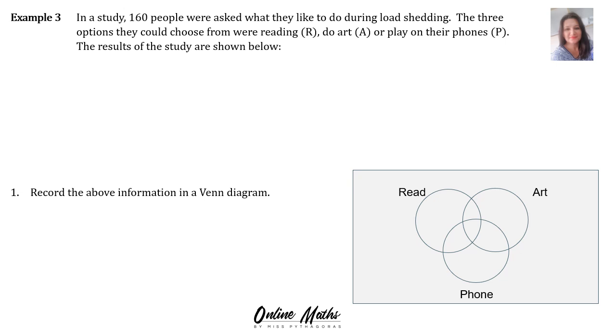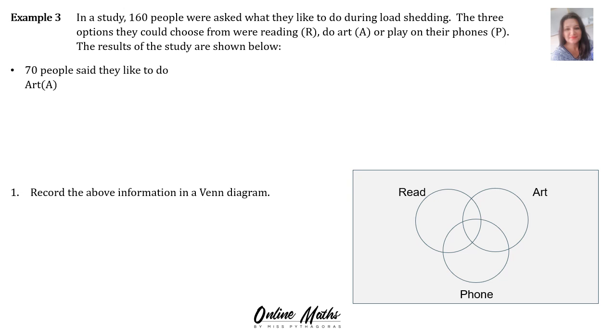Example 3. In a study, 160 people were asked what they like to do during load shedding. The 3 options they could choose from were reading (R), do art (A), or play on their phones (B). The results of the study are shown below.